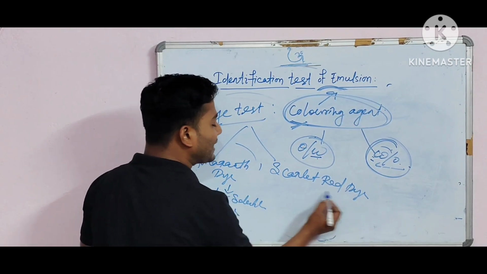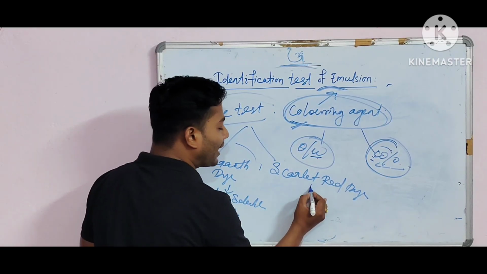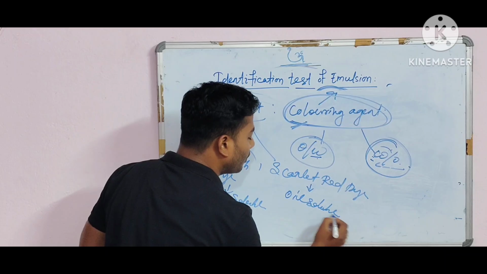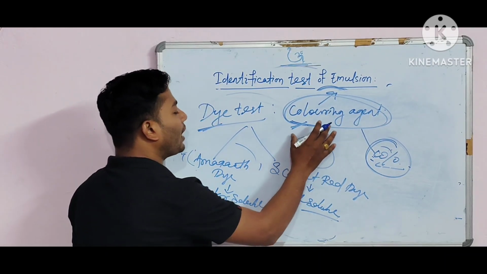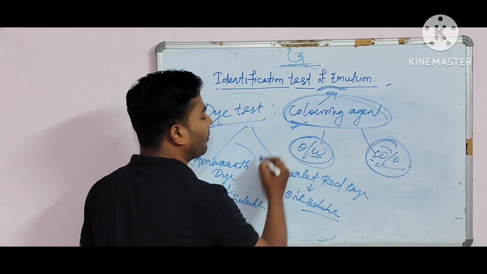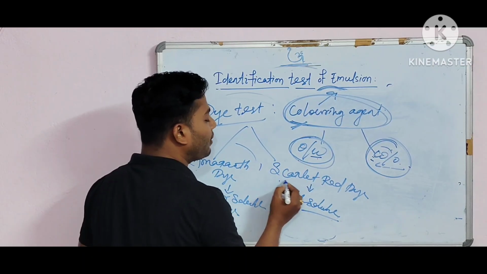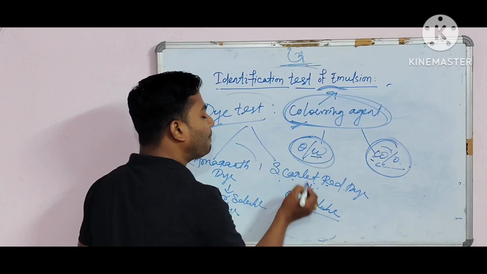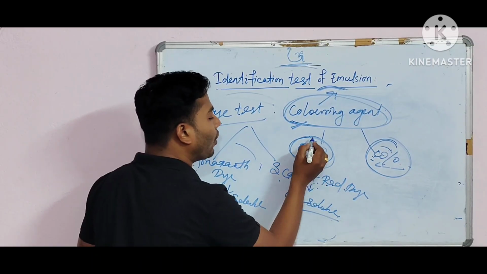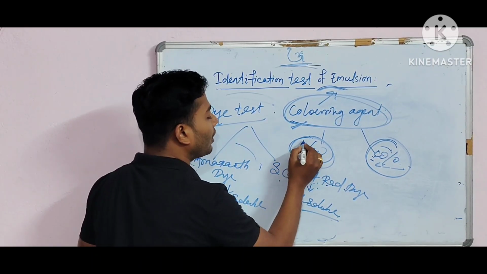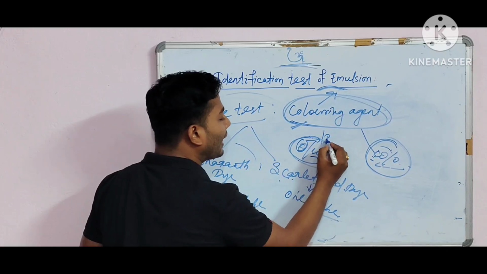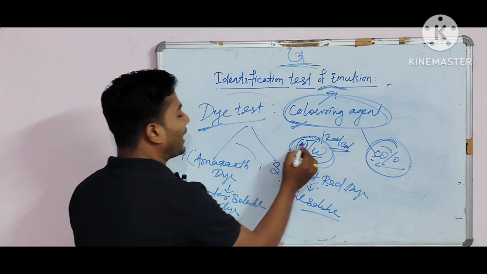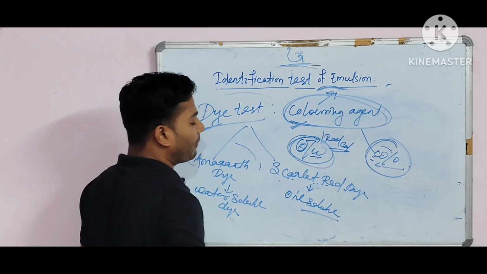Clear? And the next one is the scarlet red dye. Scarlet red dye is oil soluble. Clear? So if the emulsion is O by W type, and in this emulsion you use some scarlet red dye, which is oil soluble, after adding it the globules part has the red color, and you can easily understand it is an oil in water type of emulsion.